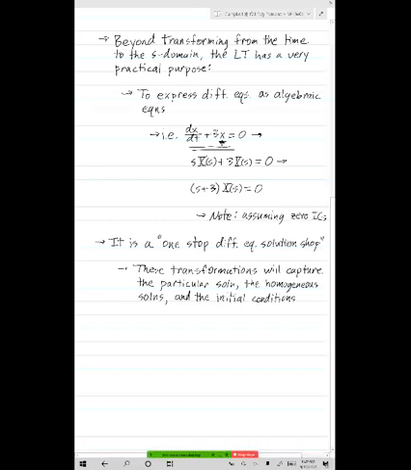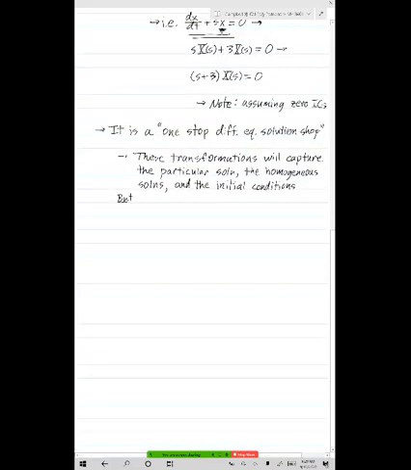Now, as I said, a couple limitations. One of the first limitations is that it will only do this for linear time invariant ordinary differential equations.